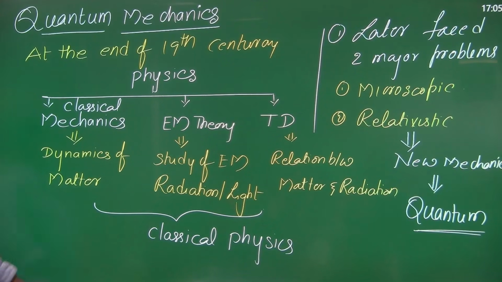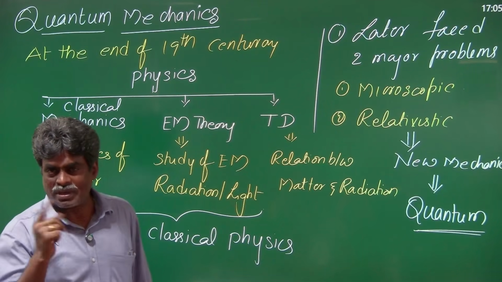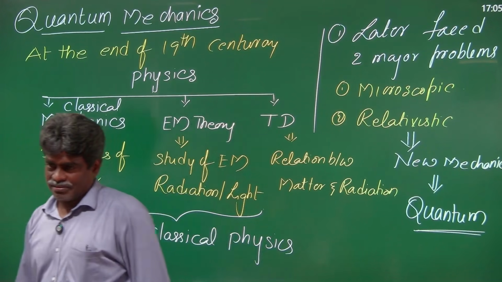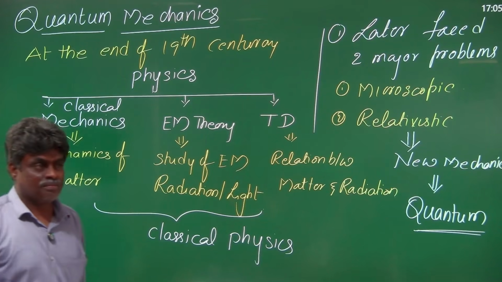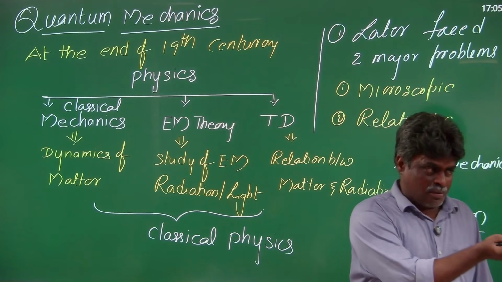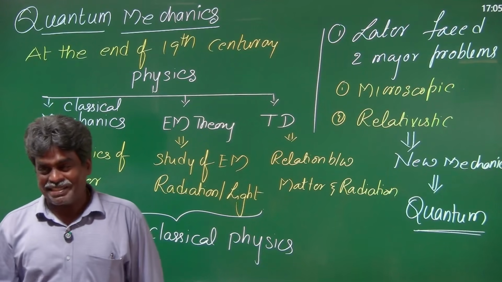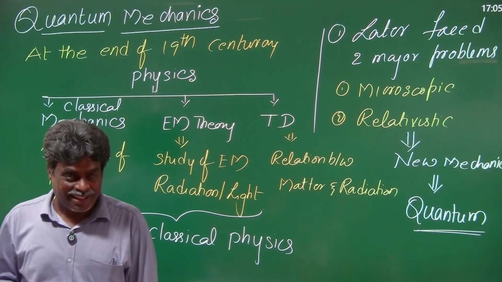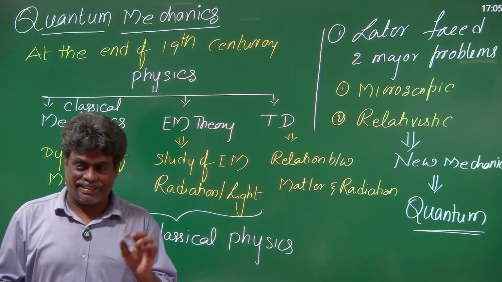Everybody thought this is the end of physics because everything is explained now. If you see what is surrounding you, what are you seeing? What do you have in this classroom? Fans, benches, lights.